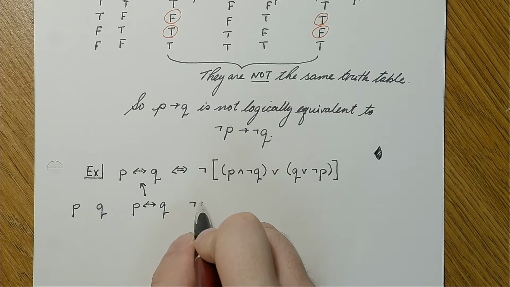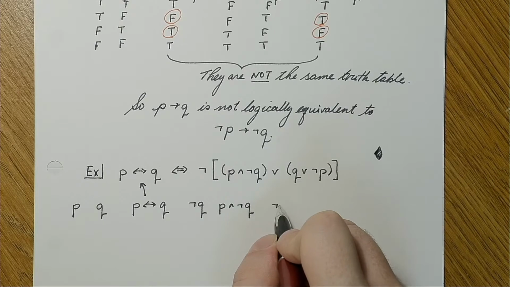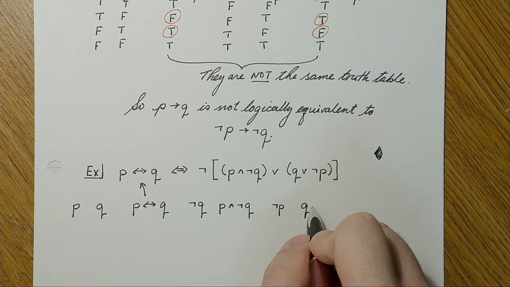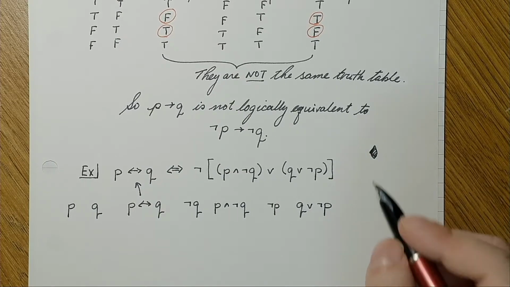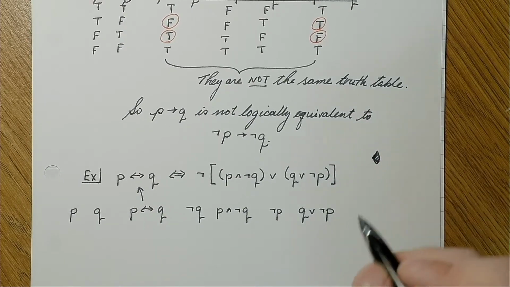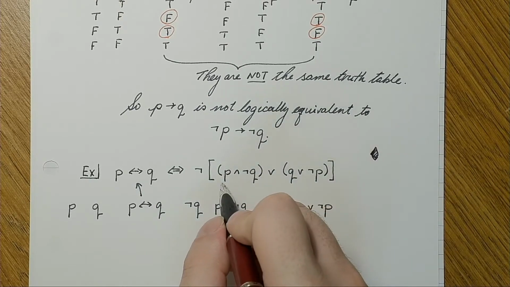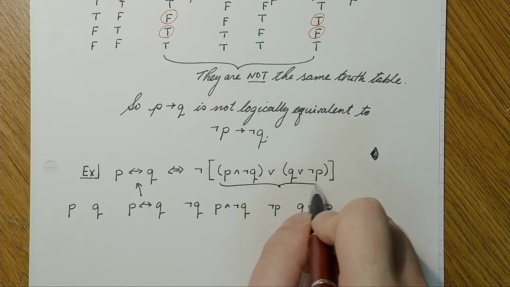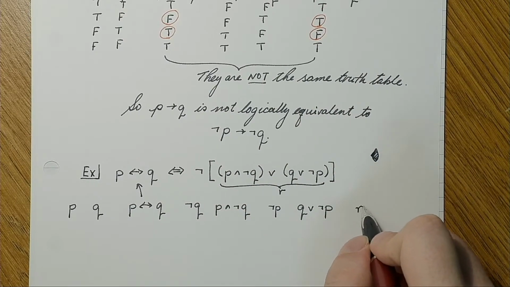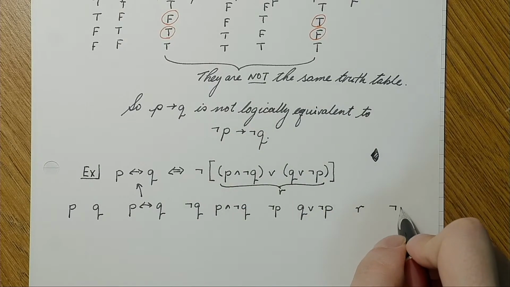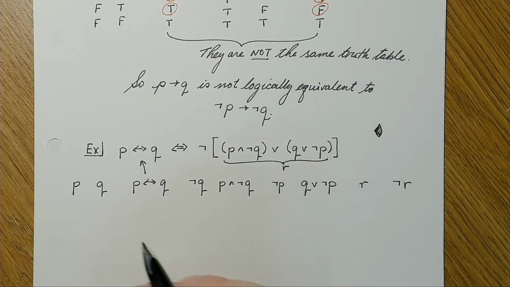So we'll do not Q, so then it'll be P and not Q. Then we'll need a not P, so we'll get Q or not P. Then I'm running out of space, so I'm just going to call that R. Here's R, and I'll have not R here, just because I'm running out of room there.